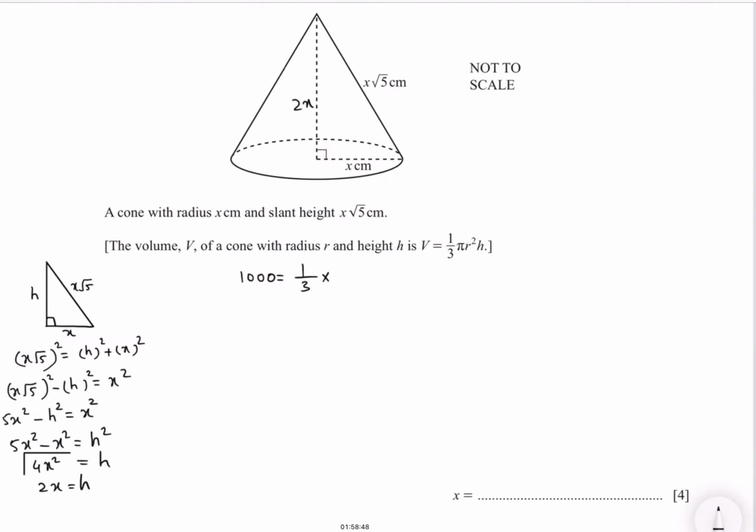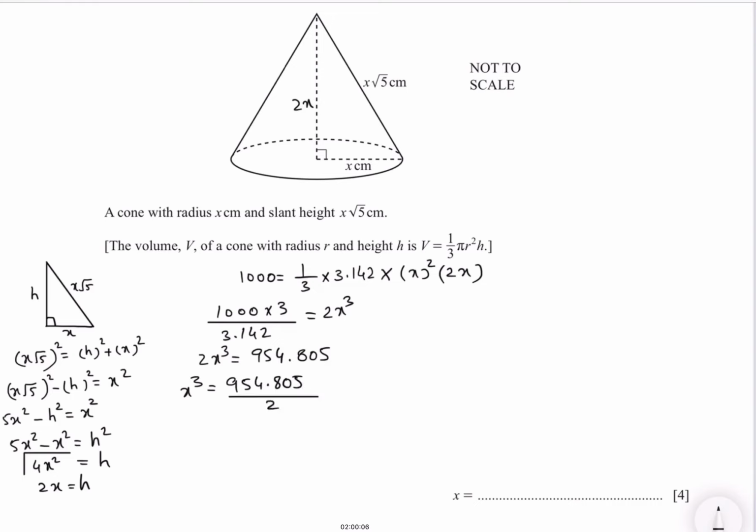In V you write 1000 equal 1 over 3 into 3.142 into your r is x square times h is 2x. Now simplify it for x. Cube root of this. X is 7.81.